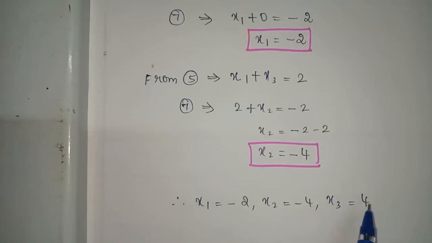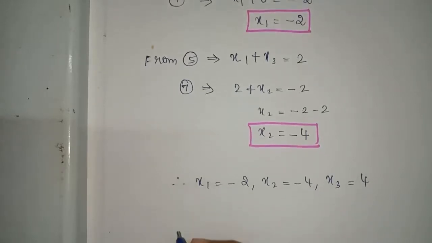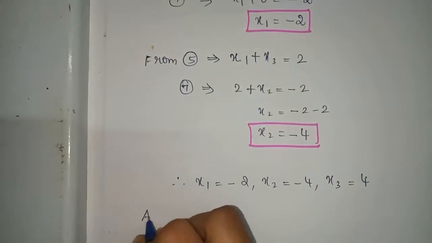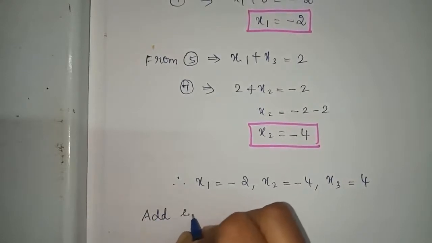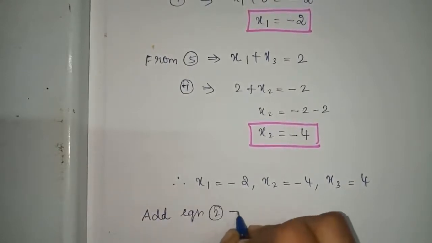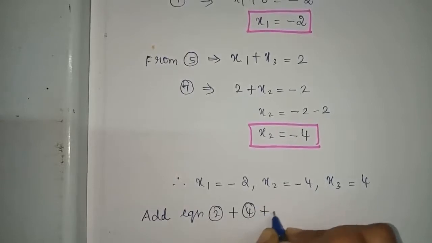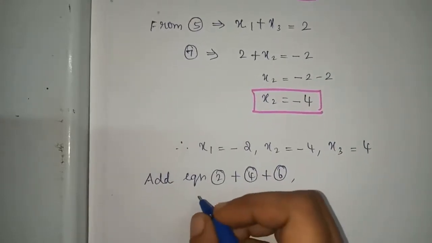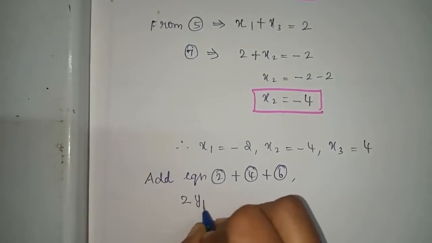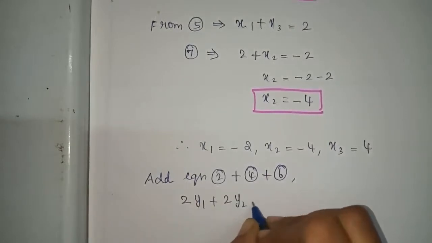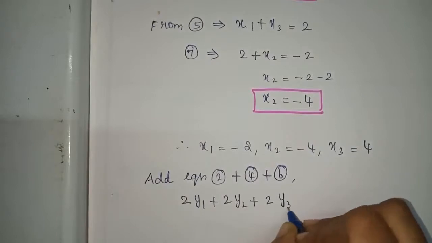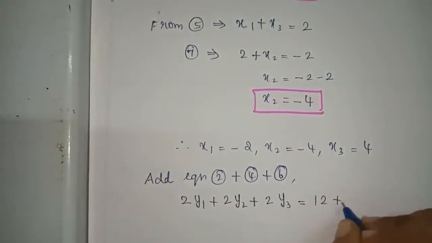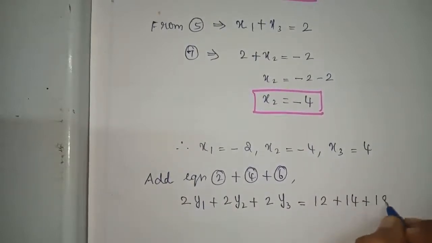Now, the next step is you have to add equation 2 plus 4 plus 6. So, if you are adding equations 2, 4 and 6, you get 2 times y1 plus 2 times y2 plus 2 times y3 is equal to 12 plus 14 plus 18.